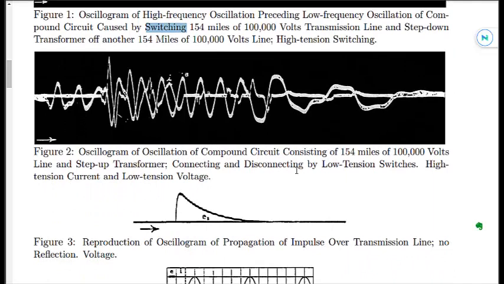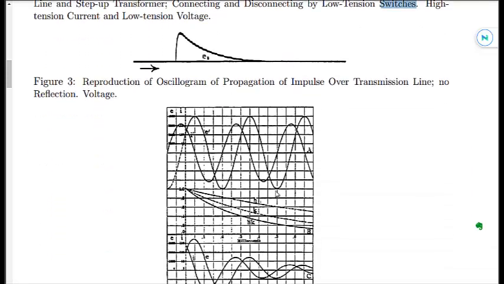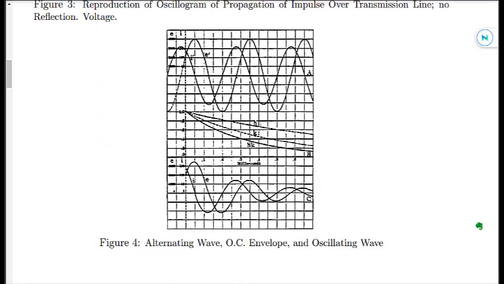And this one down here is an oscillogram of an oscillating compound circuit consisting of 154 miles of 100,000 volts and a step-up transformer connecting and disconnecting, in other words, switching. So switching is the key word here.